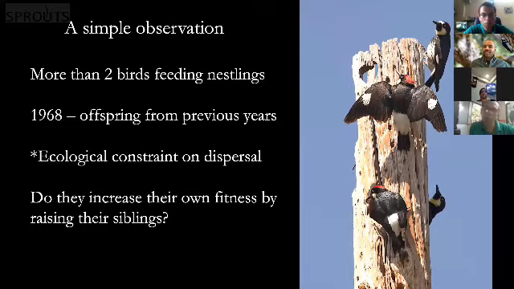You can increase your individual fitness by raising siblings or by raising kids, and you get the same amount of fitness by doing either of those two things. So if you can't breed or reproduce on your own, you can raise your siblings and you are still increasing your fitness with the same amount. Okay. Almost everyone says got it.